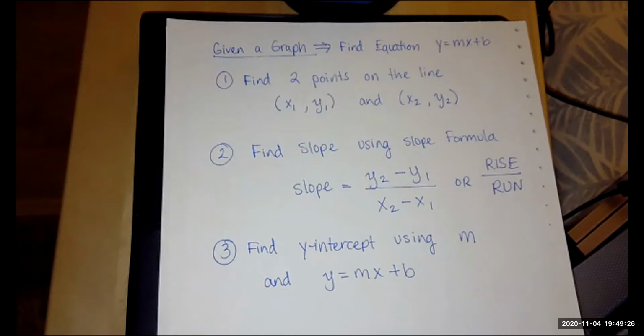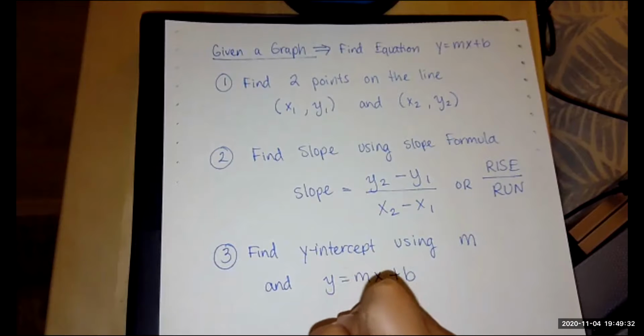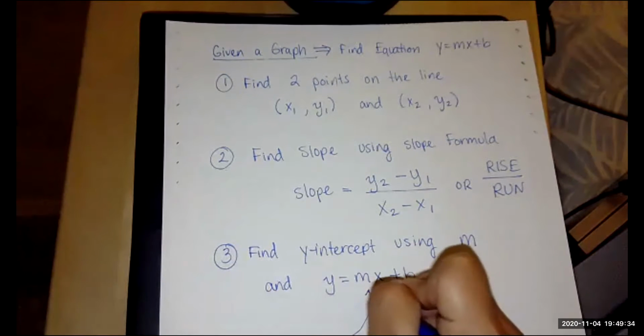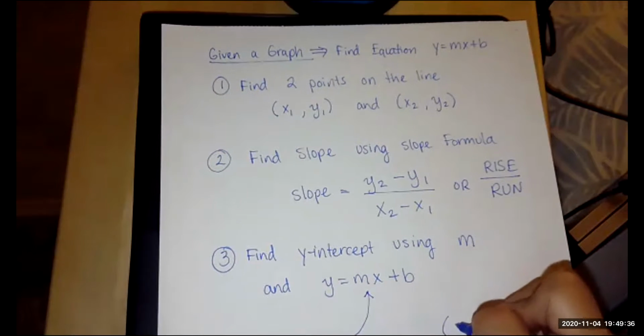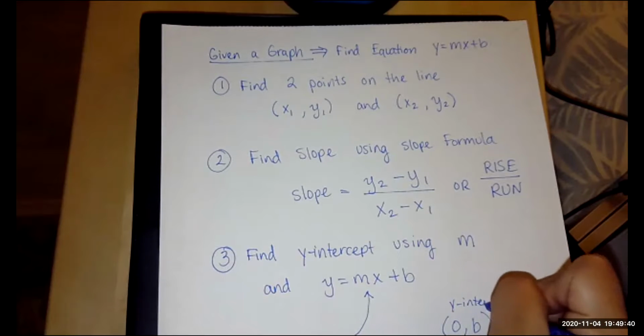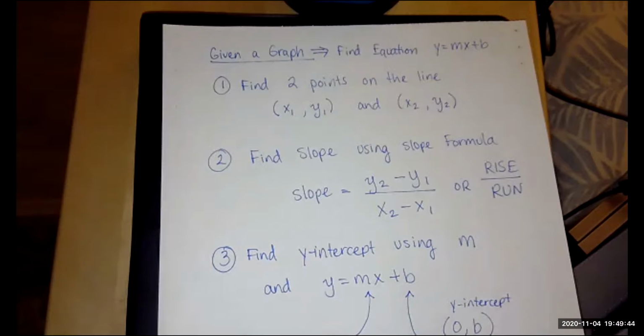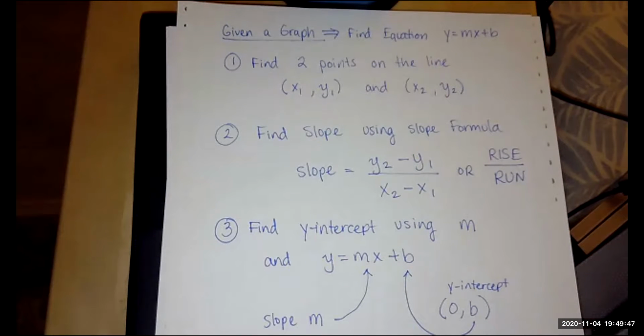And I'll show you that in an example right now. Because once we have the slope, which is m, we can plug it into this formula. And once we have the y-intercept, we can plug that b into the formula so that we have our completed equation.